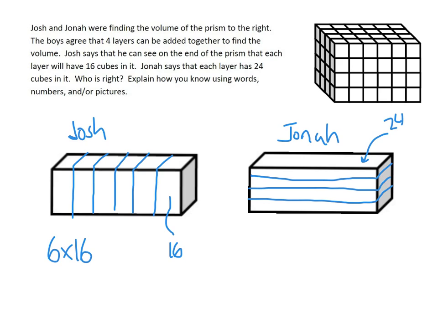And I know this because he says he saw 24 cubes, and the only way for that to be is this here, or this 4 by 6 layer on top. So 24 times 4 is what he's seeing. Turns out that 16 times 6 is 96, and so is 24 times 4, and so both boys are correct.